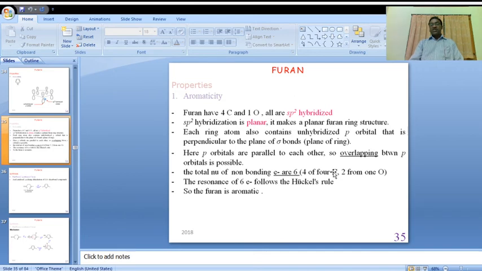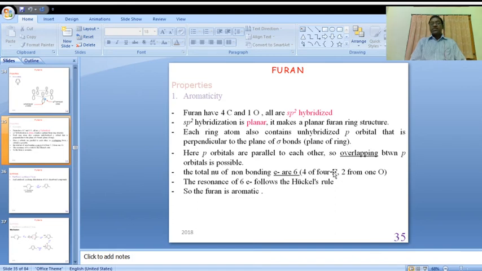How? 4 electrons from 4 carbons, and 2 electrons, the lone pair, from the oxygen. Total 6 electrons are involved in the formation of the cyclic electron cloud.